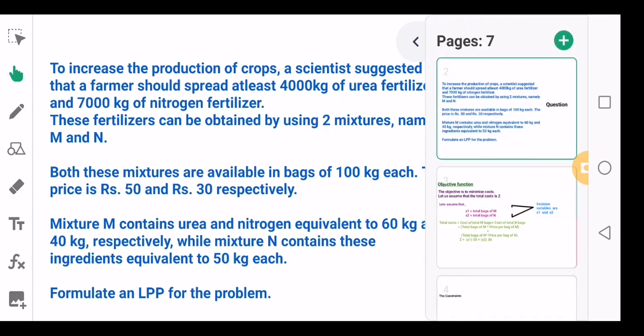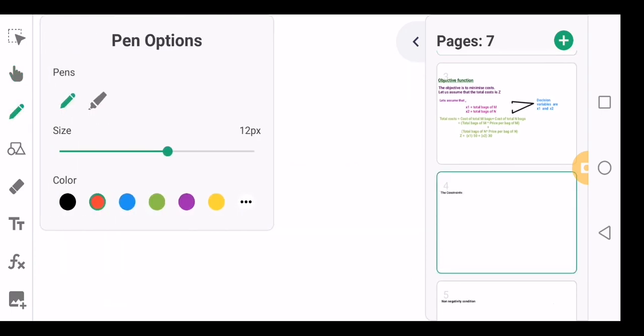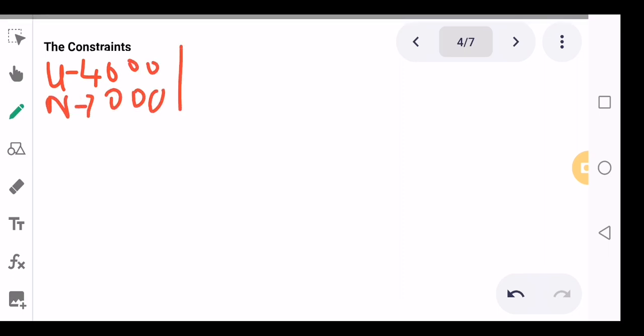So let me write down. Urea 4000, nitrogen 7000.